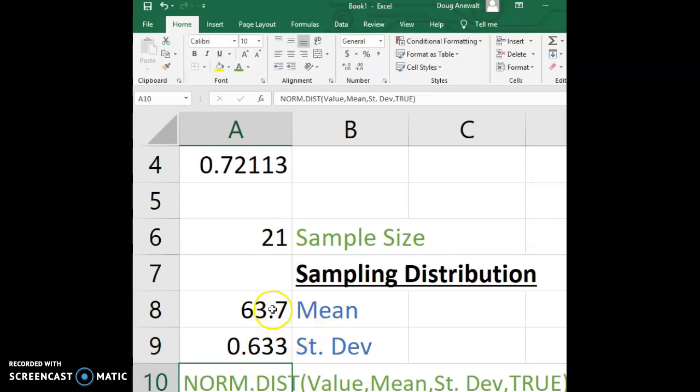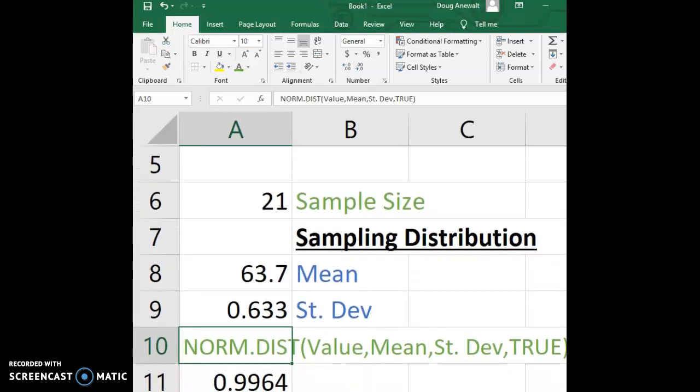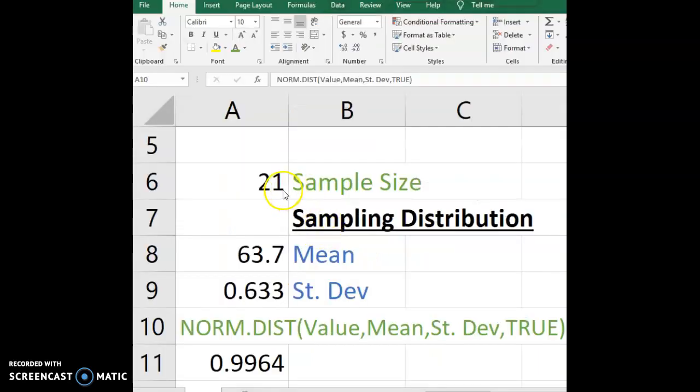So now that we have the mean and the standard deviation for our sampling distribution, we know it follows a normal distribution by the central limit theorem because our population was normally distributed. So the sampling distribution is going to be normally distributed for any sample size. So our distribution for samples of size 21, the means of those samples will follow a normal distribution.